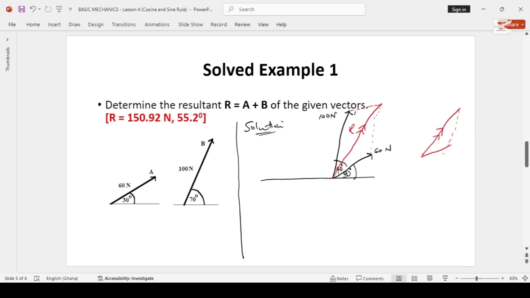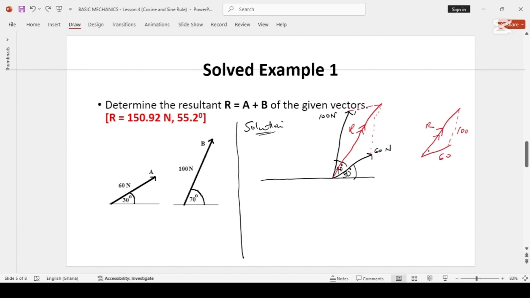So the diagram is here. We know this side is 60. We know this side is R. Then this side corresponds to the 100 newton side. So this part too is 100. Now the angle here we do not know.